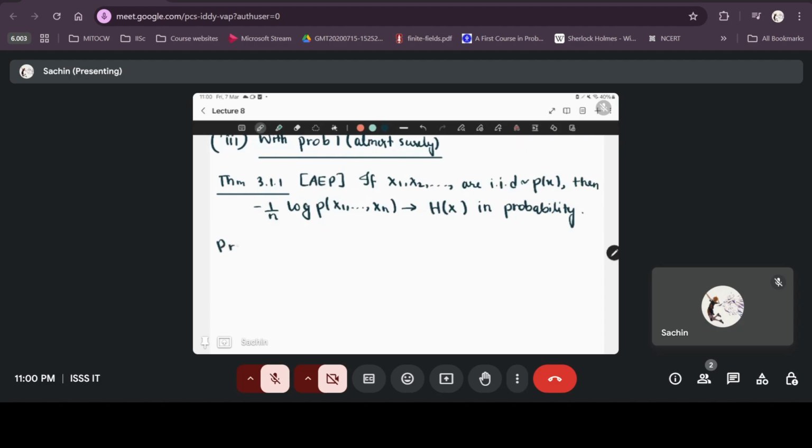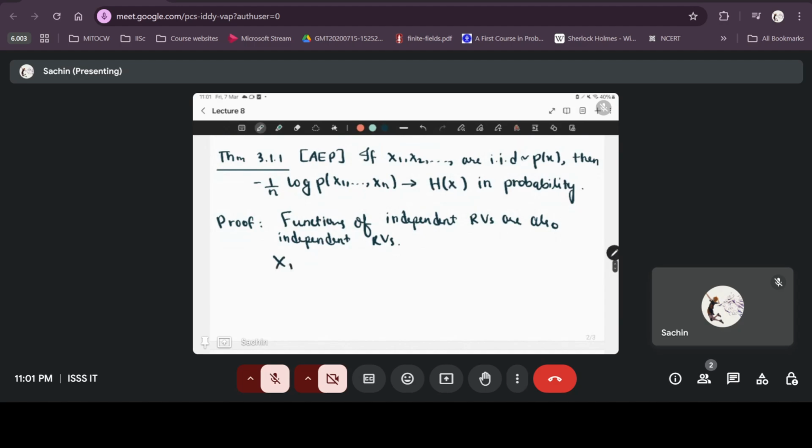The proof is simple. Functions of independent random variables are also independent random variables.